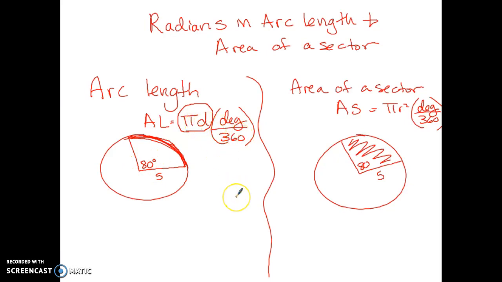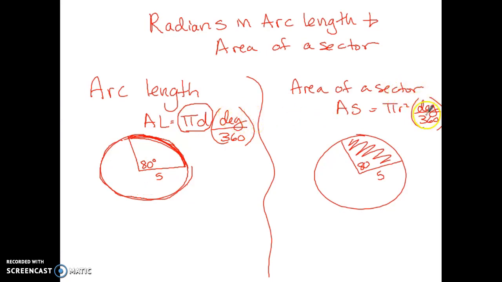So if you know circumference, then you just have to say how much you want. I want 80 out of 360. If you are wanting to find this other part of the circumference, you would have to do 360 minus 80, and then that would be your degrees.